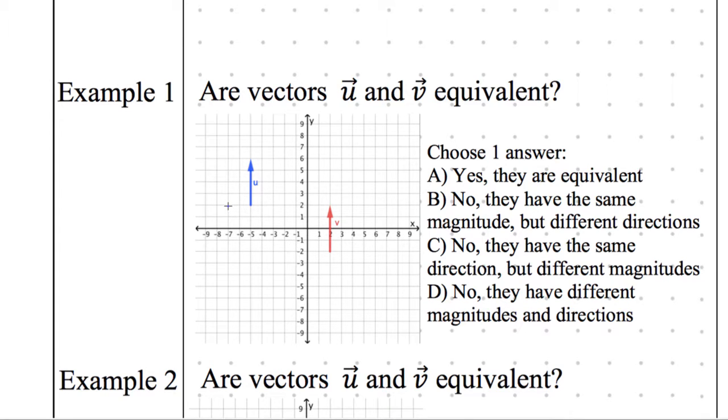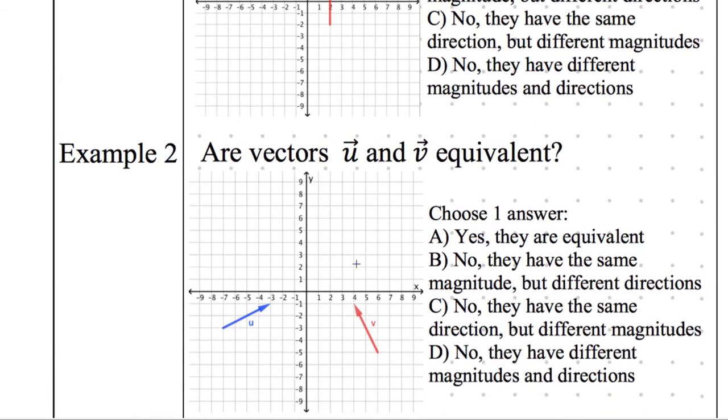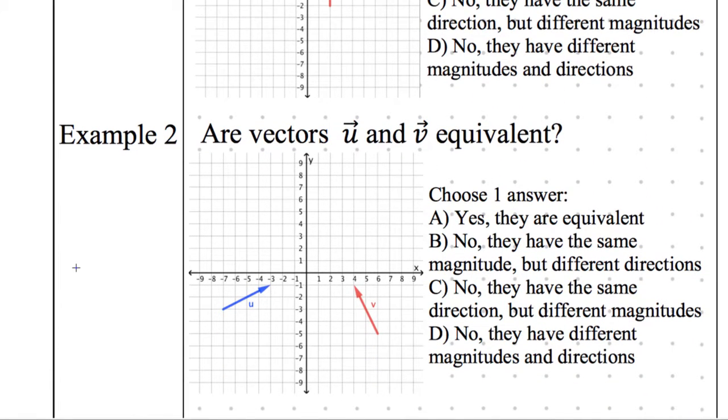Are the magnitudes the same or are they different? They're the same? Why? Because their length is 4. They both have a length of 4, so they have a magnitude of 4. So yes, they're equivalent. That easy. And it immediately gets super hard. Here it goes. Example 2. Now we have these two examples.